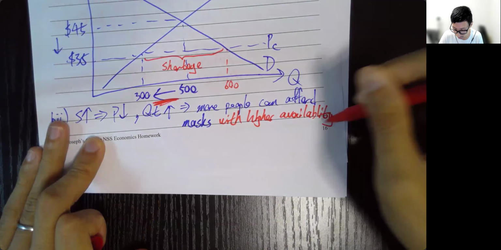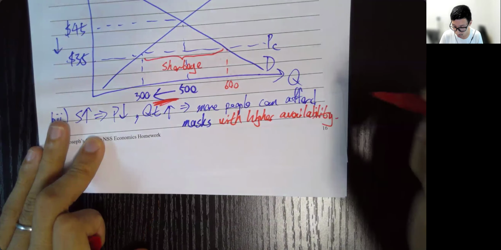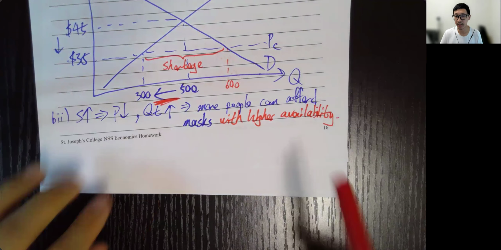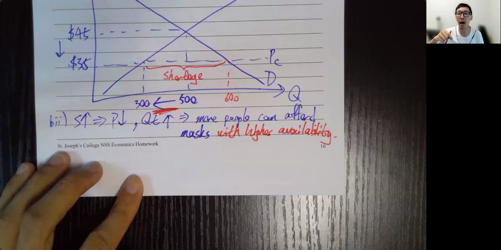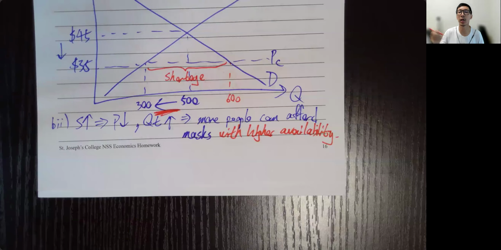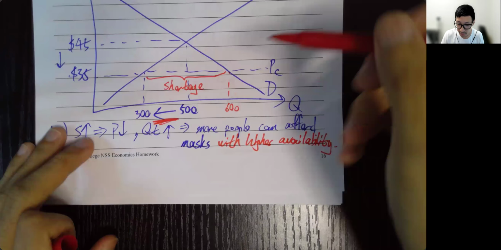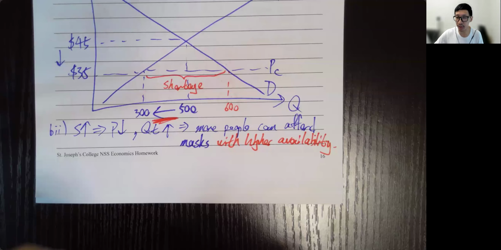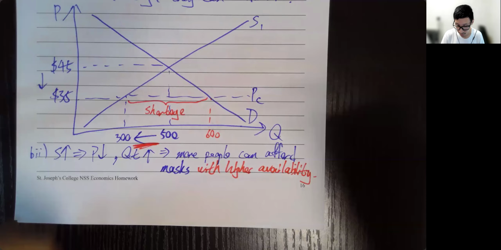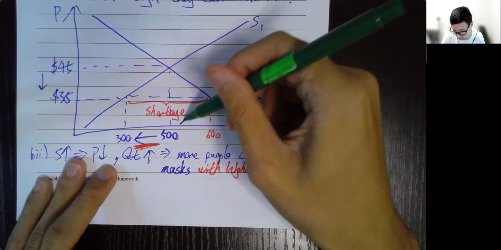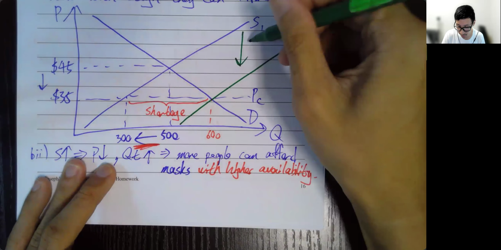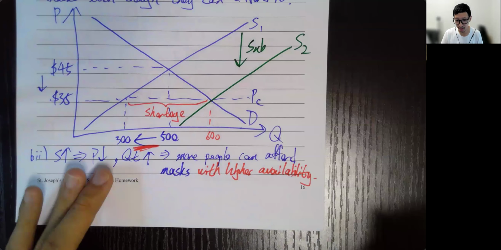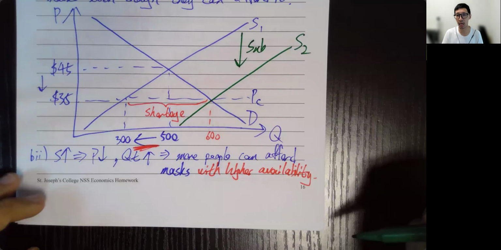Okay, availability. Here more masks are available for sales, which will look something like this. Let me use a green one. This one. It should go to here, S2. This is the subsidy of $15.